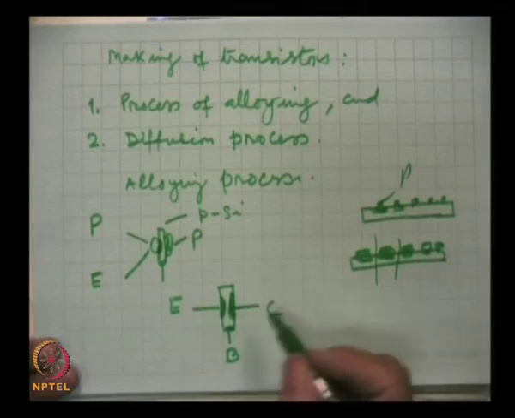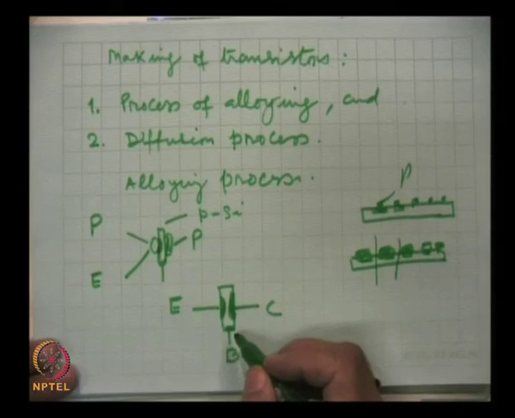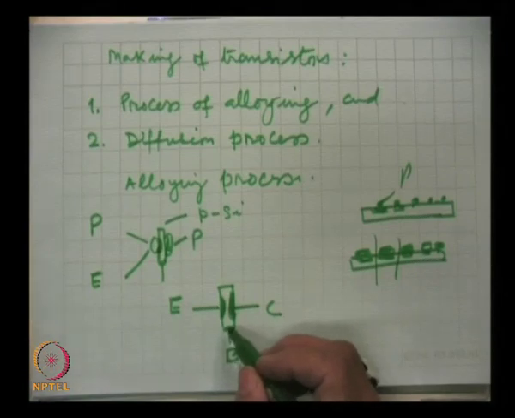And as I said, these dimensions will be almost of the order of a centimeter when you see it from outside, but the actual size of the crystal will be a fraction of a millimeter, just 1 millimeter in cross section and less than a millimeter in thickness, but then it is put in a plastic or metal casing.